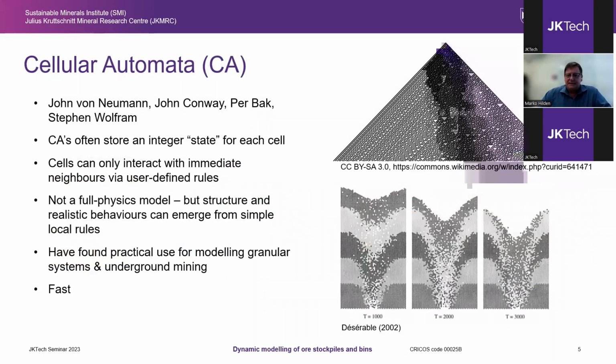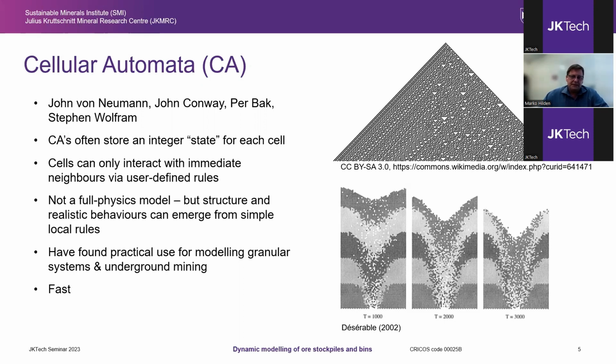A mathematical technique that's largely been overlooked in mineral processing is called cellular automata. Pioneers of this method include John von Neumann, John Conway, Per Bak, and Stephen Wolfram. A lot of the early CAs focused on elementary CAs, which just store an integer or Boolean state for each cell.